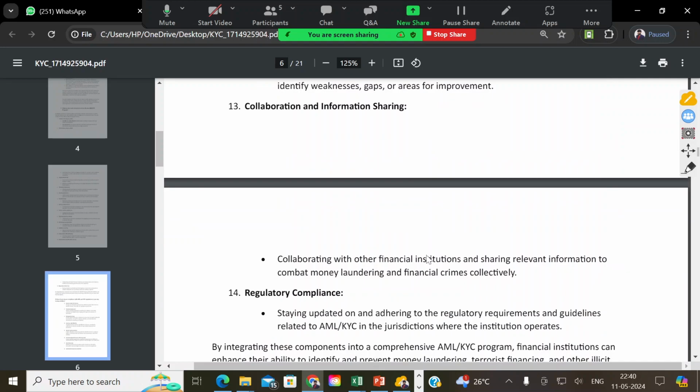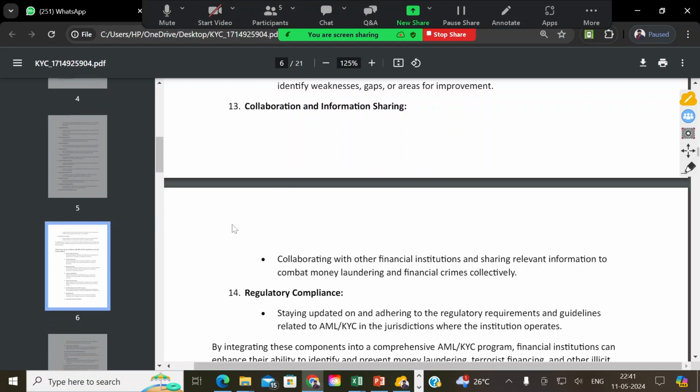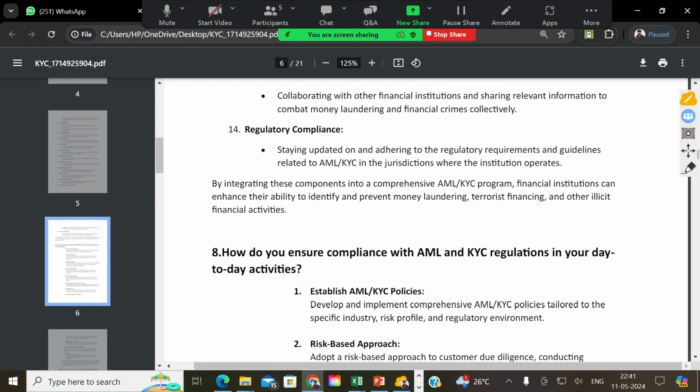Collaboration and information sharing. If any organization, or government organization let's say, requires information on any front, it is mandatory to share that information with the government agency. All right. And regulatory and compliance. Regulatory and compliance means staying updated and adhering to the regulatory requirements and guidelines related to AML and KYC, which is a very important one.